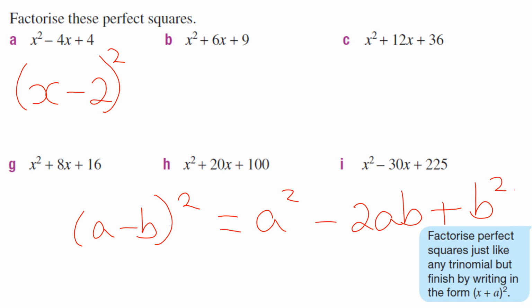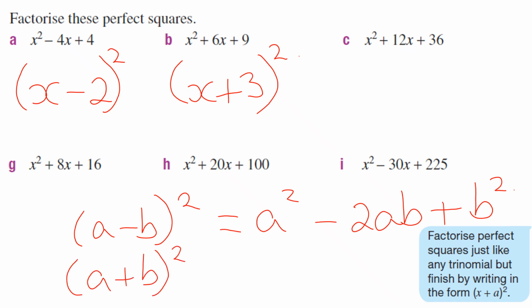The second question here, B, is going to be x plus 3 all squared. So for this we would look at our formula for a plus b all squared: a squared plus 2ab plus b squared.